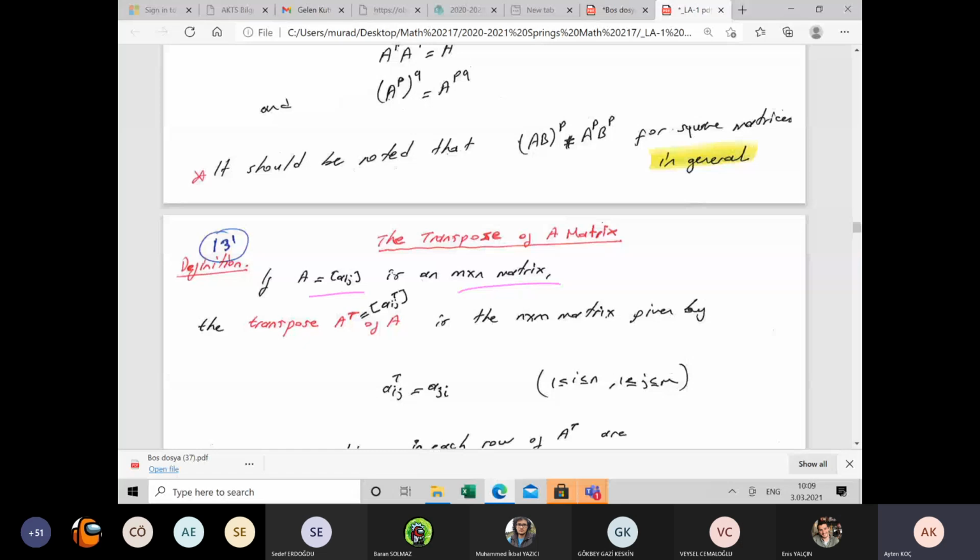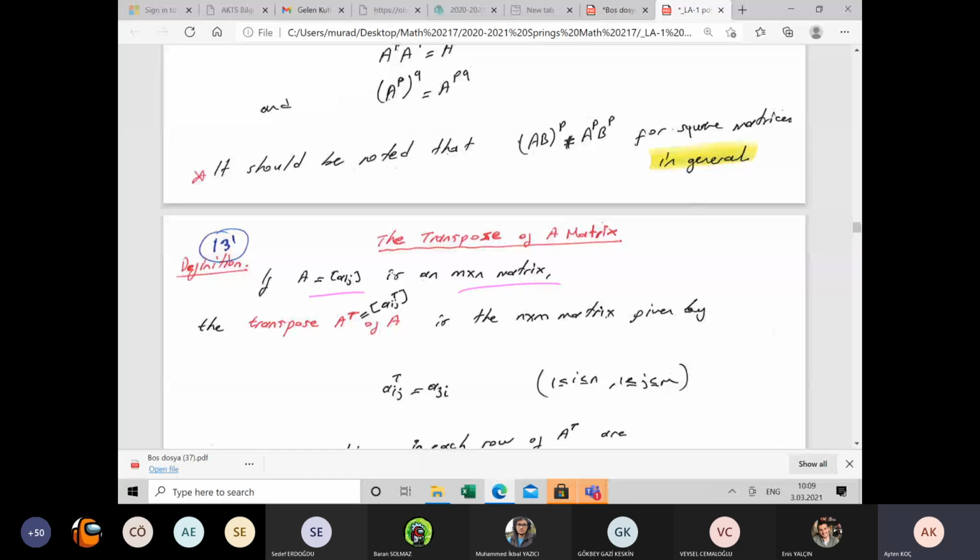Let's give an example to understand. Take A, B, C, and D, and write the transpose matrix of each. A is a 3 by 1 matrix, so the transpose should be 1 by 3. This one contains 3 rows, so the first row will be the first column, the second row will be the second column, the third row will be the third column.